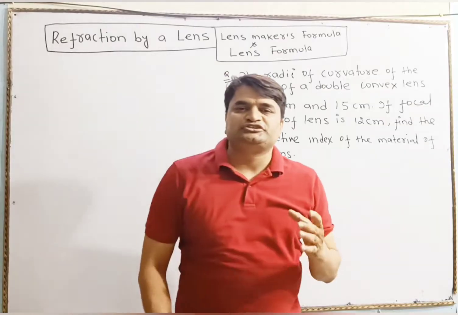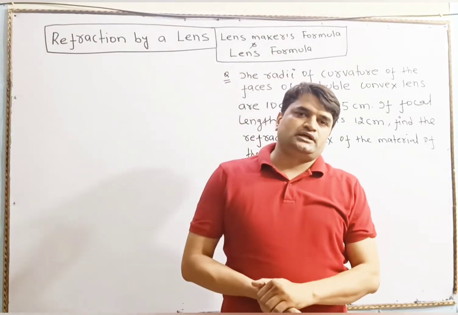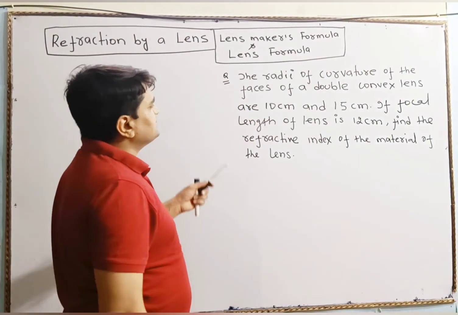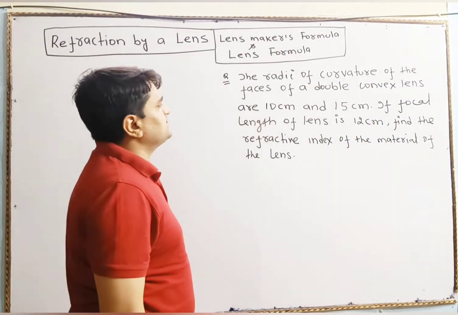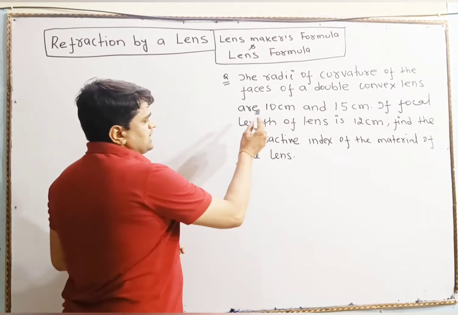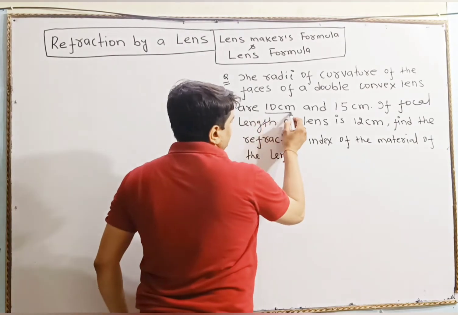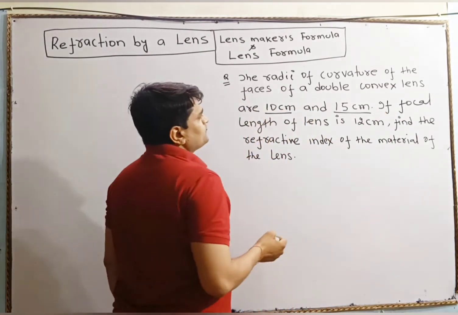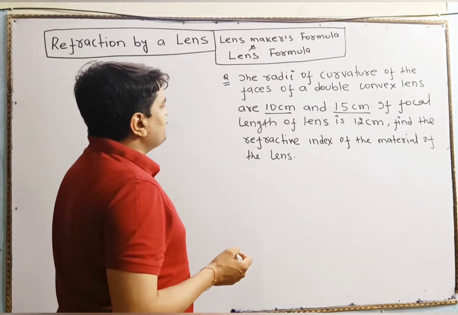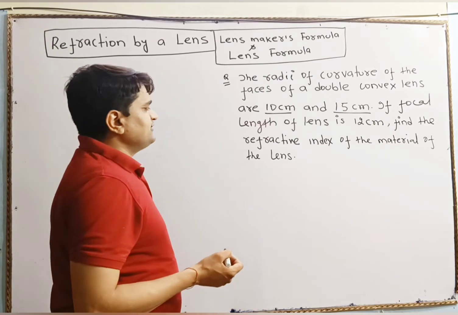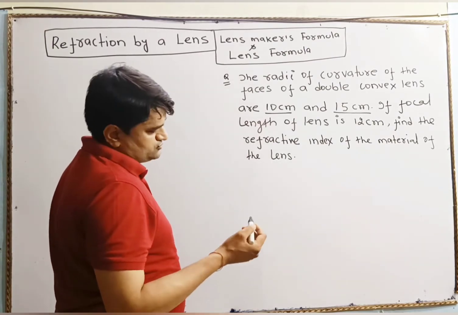Okay. Another question on the Lensmaker formula. Here is the question: the radii of curvature of the faces of a double convex lens are 10 centimeter and 15 centimeter. If the focal length of the lens is 12 centimeter, find the refractive index of the material used.